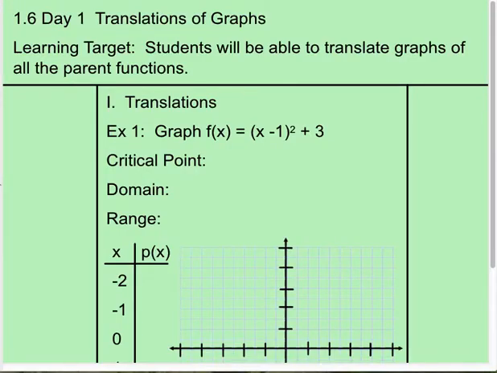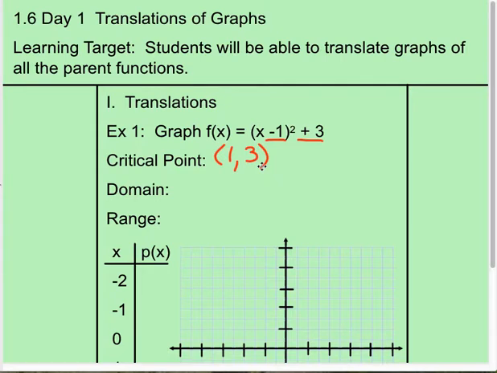All right, starting with some functions we should be really familiar with, shifting them again. So starting with the critical point, remember the critical point for the parabola is the origin. That's where it changes from decreasing to increasing. So when we shift our graph right 1, up 3, our critical point gets shifted right 1, up 3 as well.